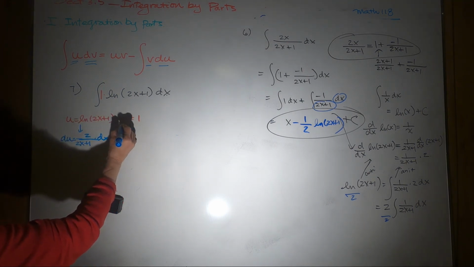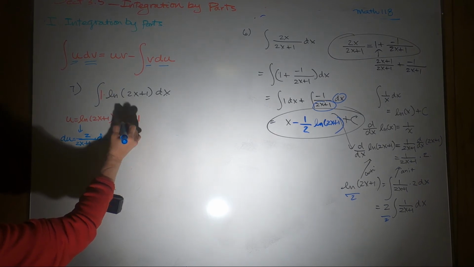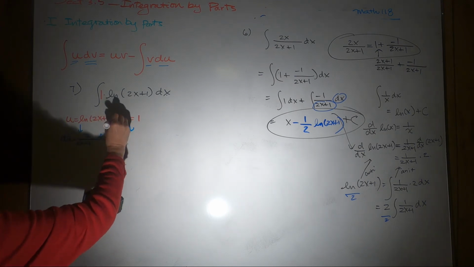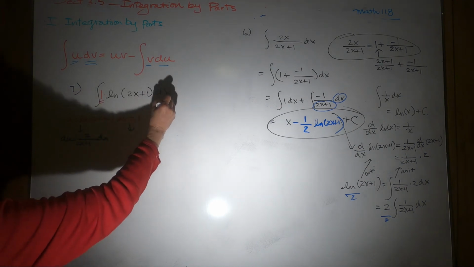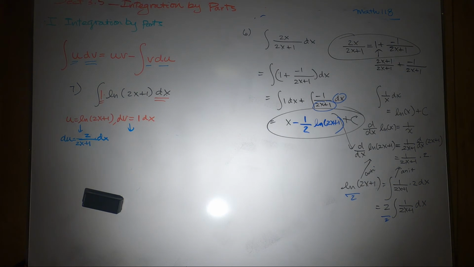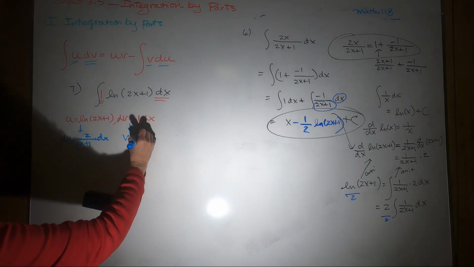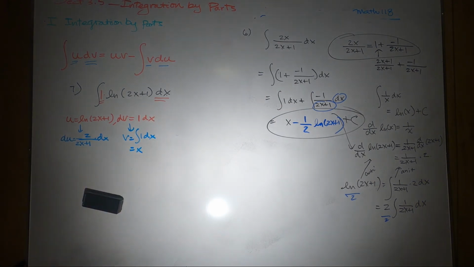Then your v is 1. Oh, that's not v. That's dv, right? So dv is what? The remainder 1 and dx. Then your v would be the integral of dx. That would be x. Right?